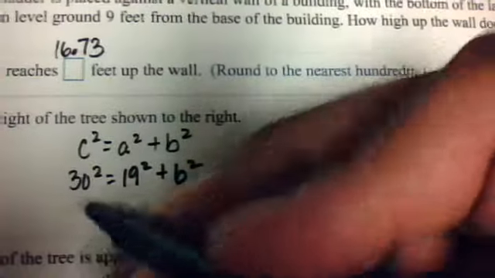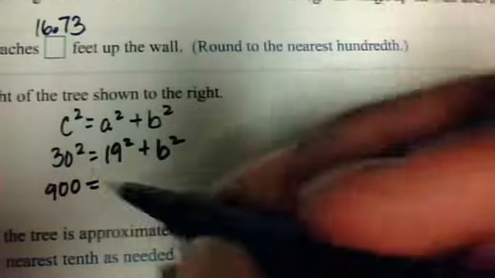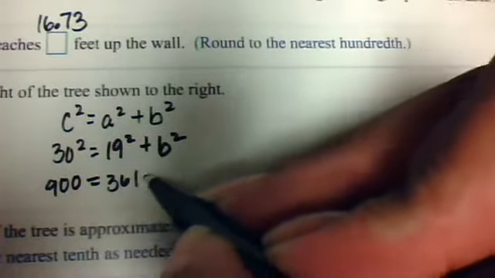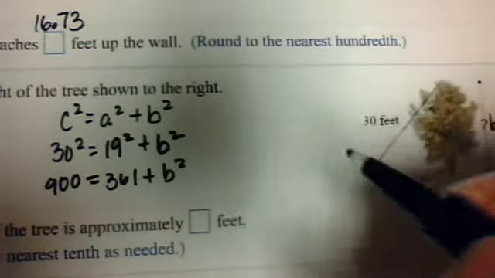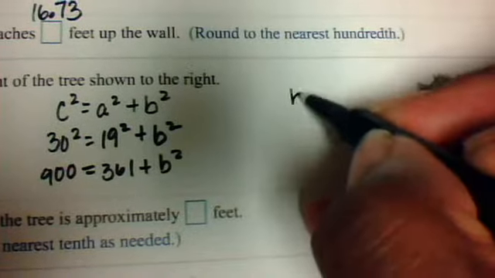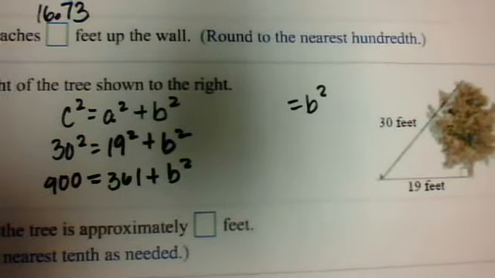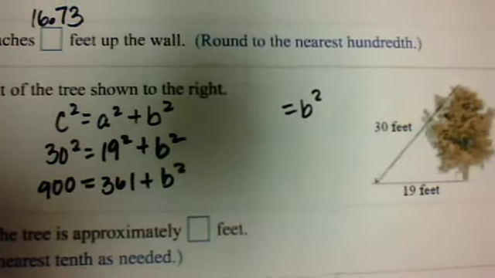So in this case, 30 squared is 900, and that's equal to 19 squared, that's 361, plus b squared. Now I'm going to subtract 361 on both sides to get b squared is equal to 539.